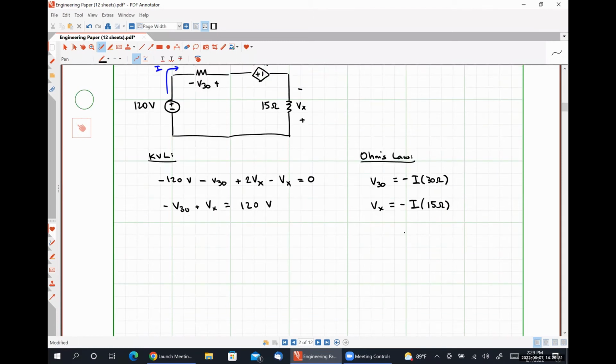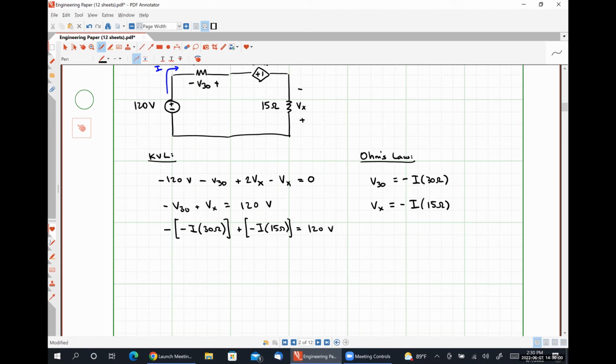So we have negative V30. So this is negative times negative I times 30 ohms plus Vx. So this is minus I times 15 ohms is equal to 120 volts.